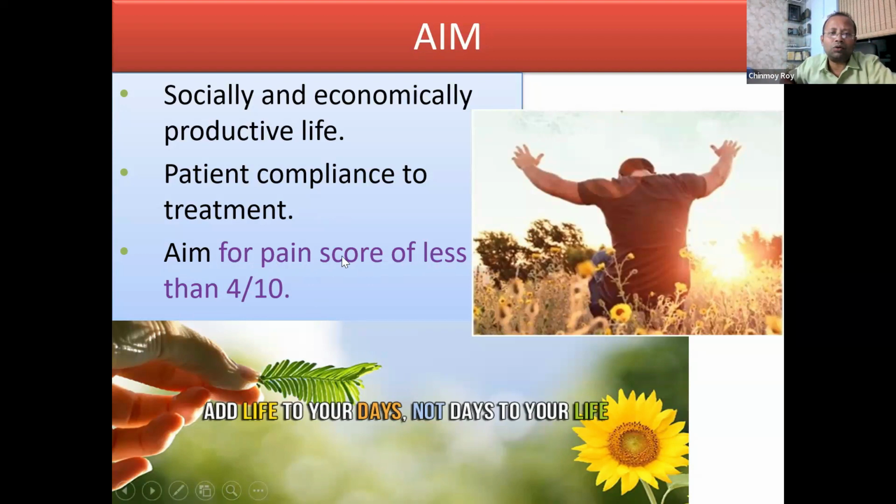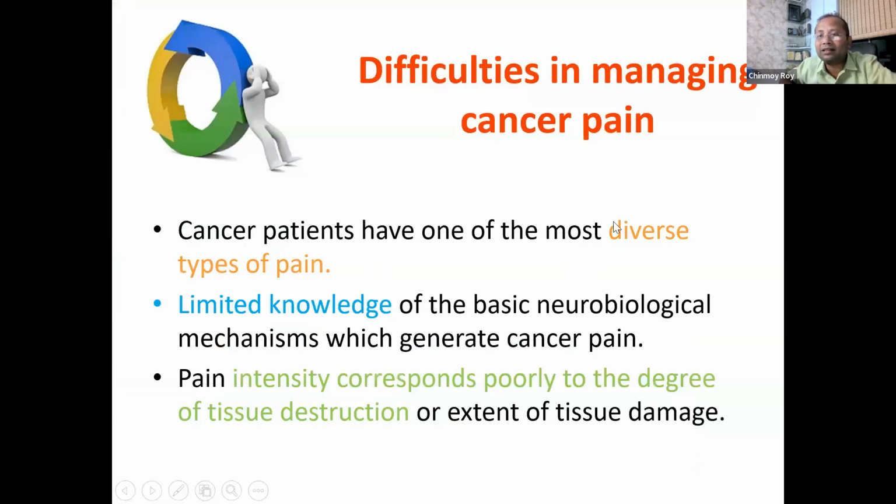Aim for a pain score of less than 4 out of 10. Why is it written like that? Because most of the time you cannot get a 0 score. If it is less than 4, it means mild pain, and you should think that this much is acceptable, because we have to take care of the side effects also. Side effects should be acceptable.